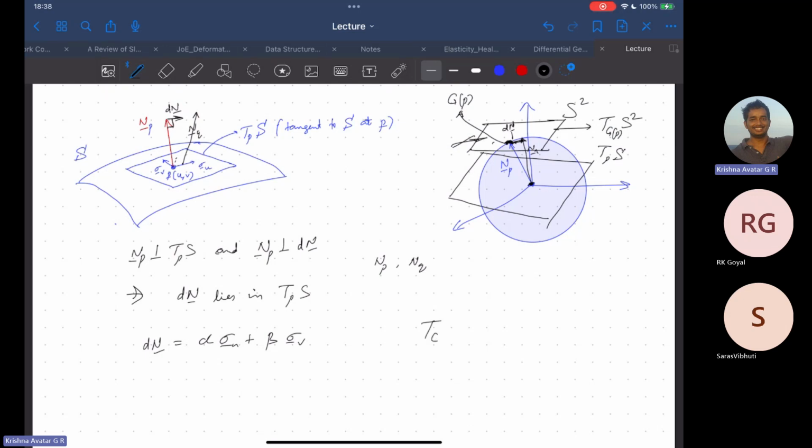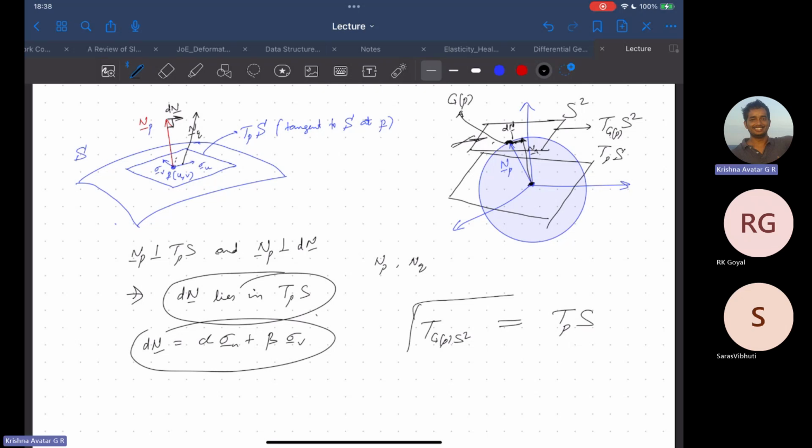We can clearly say that T_G(p) S2 is the same as T_p S, because dn lies in T_p S, and on the unit sphere dn is just an infinitesimal vector which connects Np and some point in the neighborhood of p. So this is the conclusion.